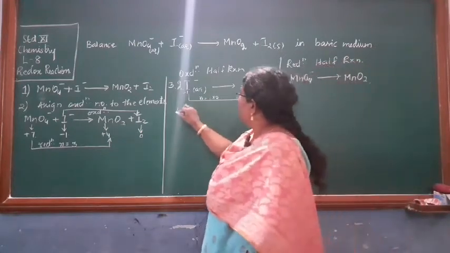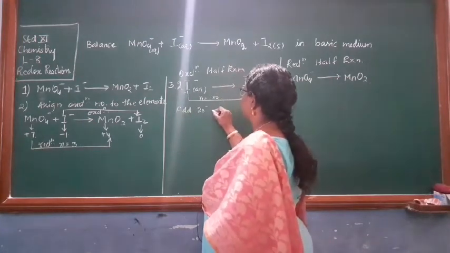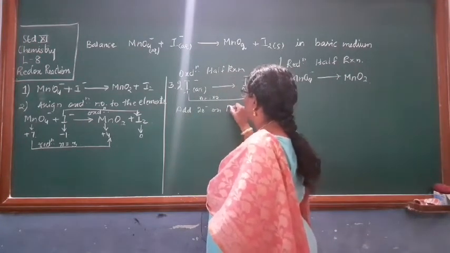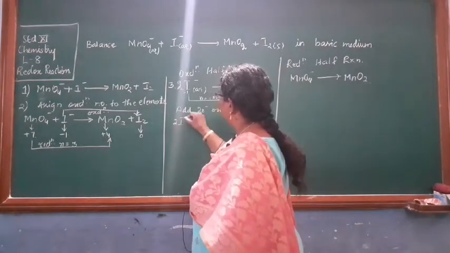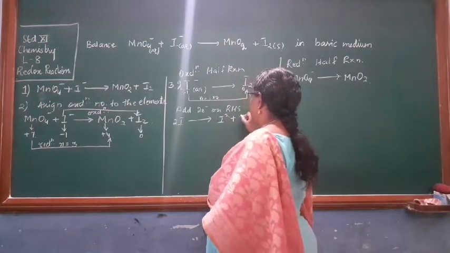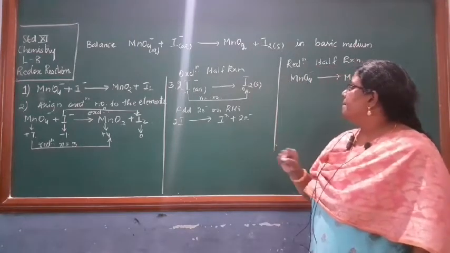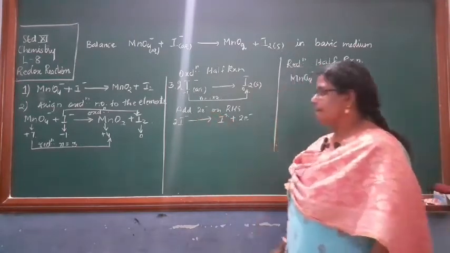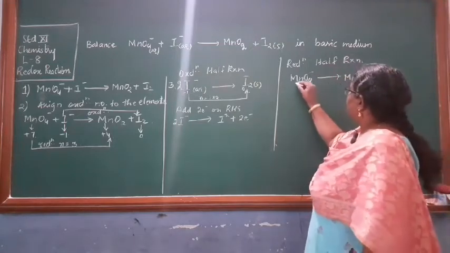So add 2 electrons on RHS. So I have 2 I minus giving I2 plus 2 electrons. Followed everyone?